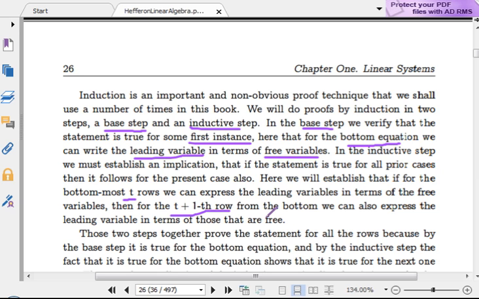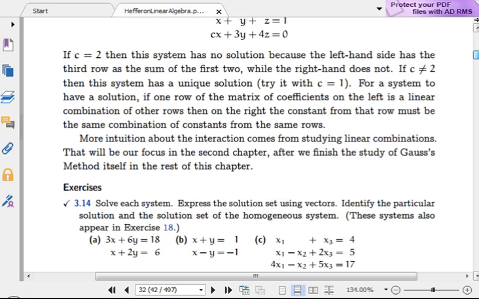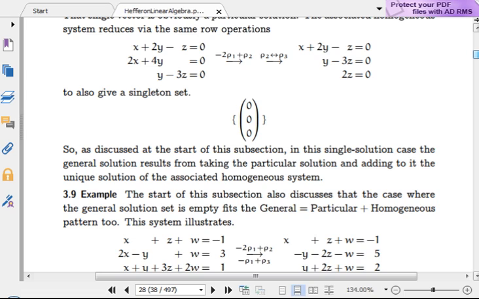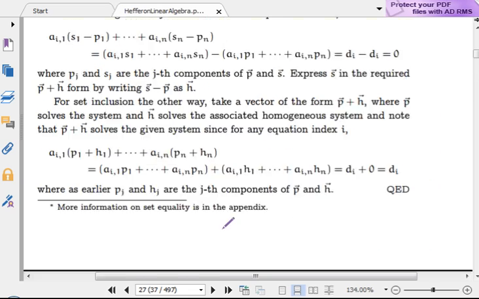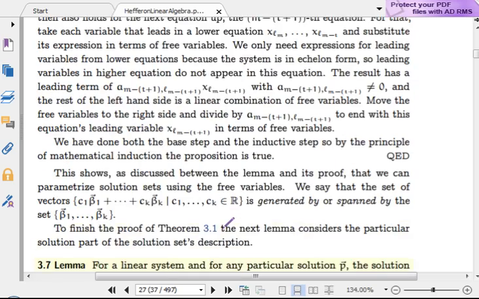And once we can express the leading variables in terms of free variables, we can write a vector equation for the solution, such as we've seen before in the particular examples that we've done. Okay, let's follow. Whoops. Sorry, lost it. We'll get there.